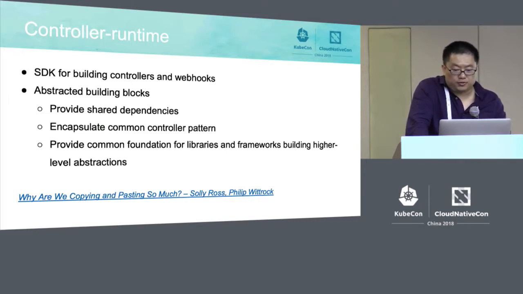For example, the reconciliation function of the controller can be extracted to a reconciler interface, which takes the request interface and returns the result interface and error. The request contains the unique information to identify the Kubernetes resource or CRD.